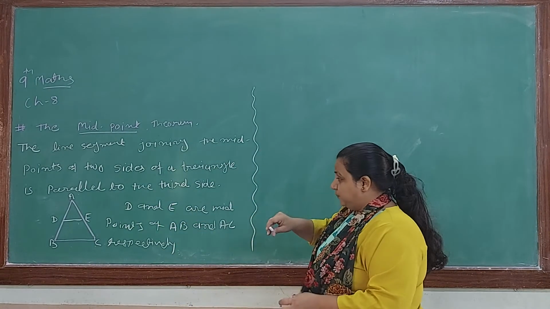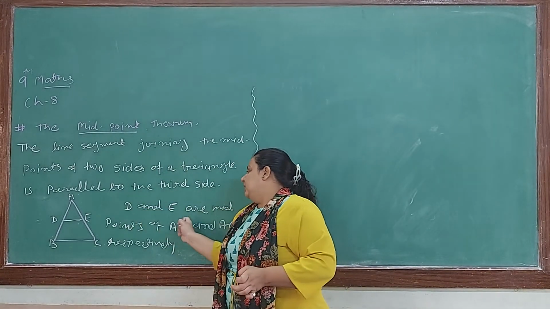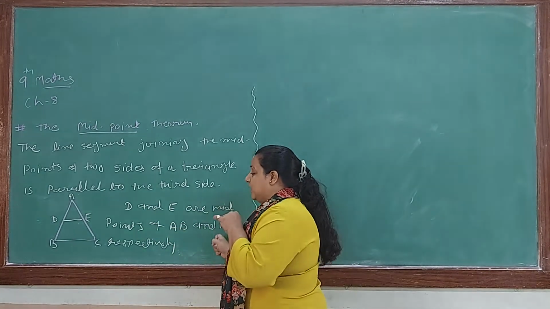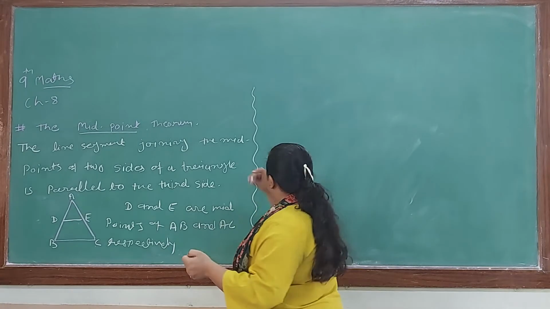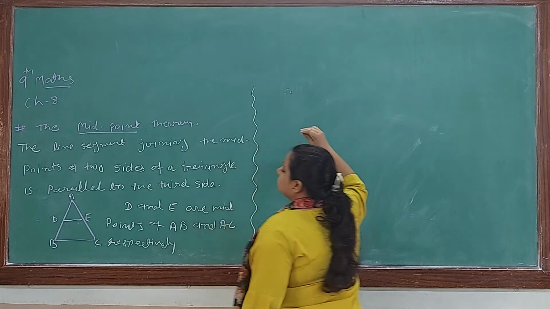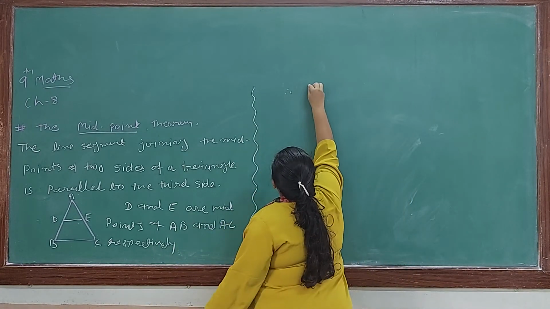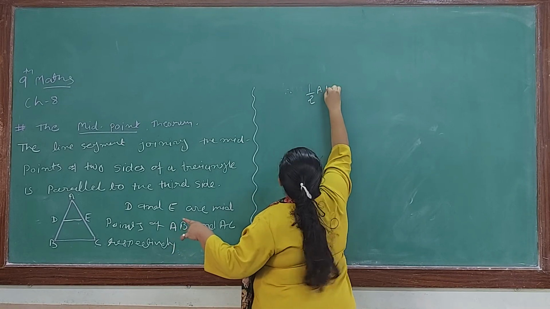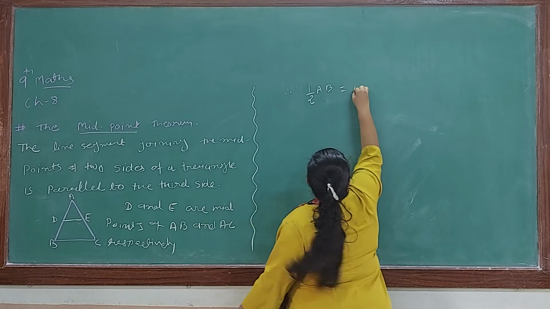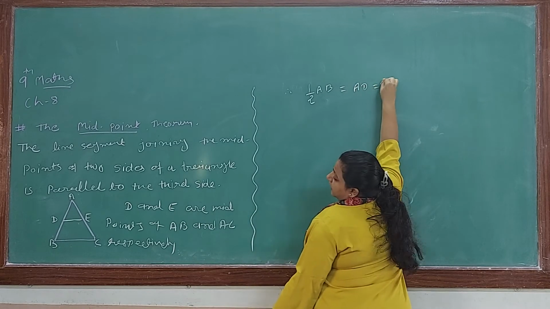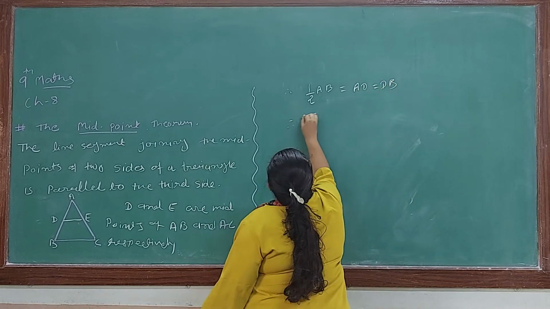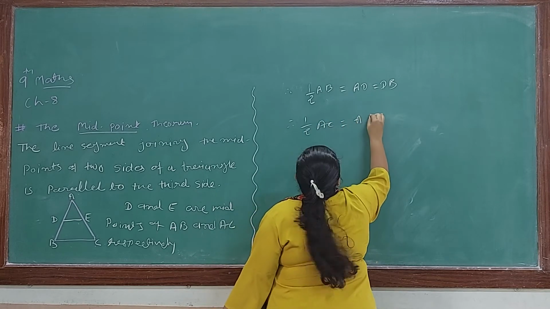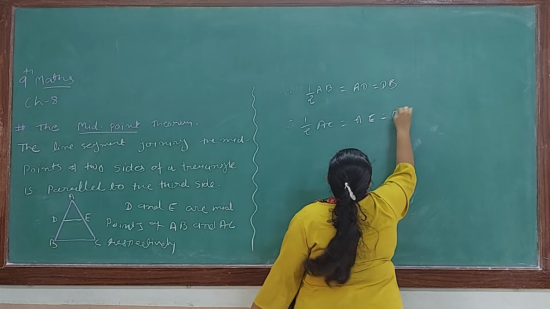So here I wrote D and E are midpoints of AB and AC respectively. So 1/2 AB equals AD equals DB, 1/2 AC equals AE equals EC.